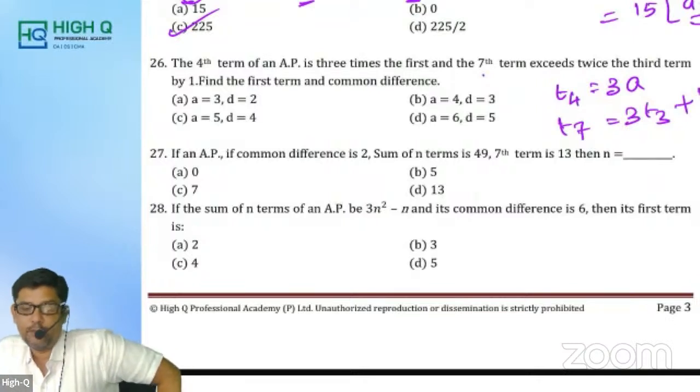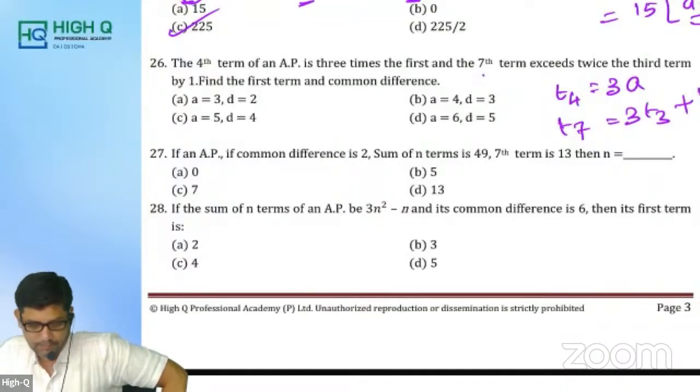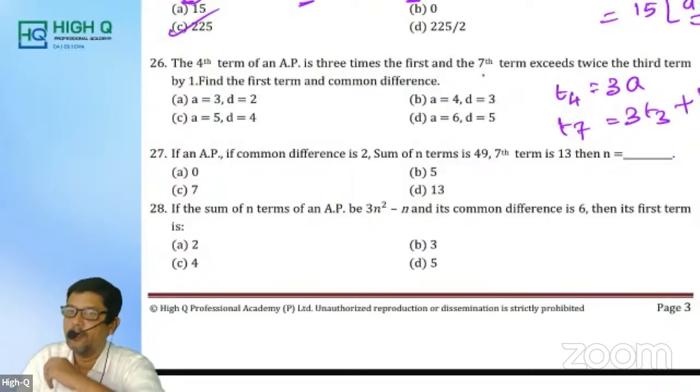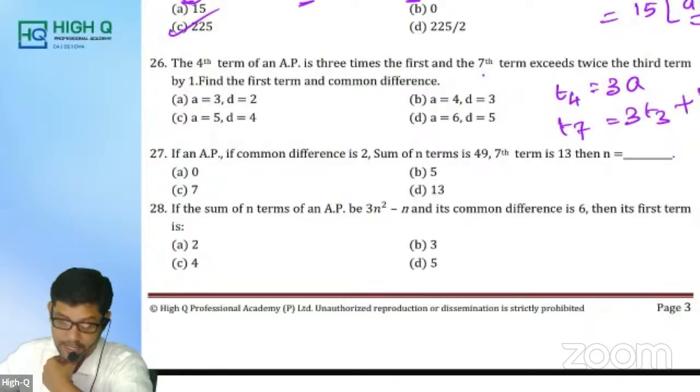I want you to give me the answer without touching the pen. Think and give me the answer. First term and the common difference. Yes. A. Why A?